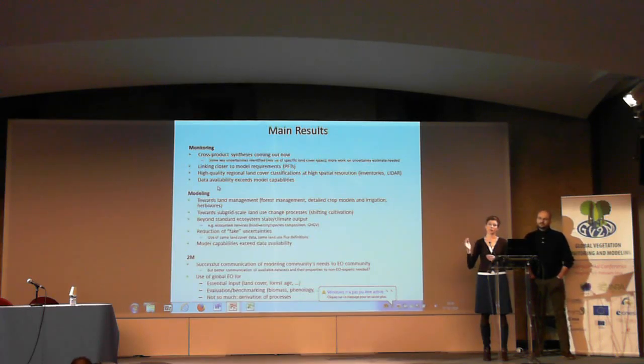And this is also possibly something where the monitoring community could think about whether these variables can be provided by monitoring, as well as the climate and the carbon variables.